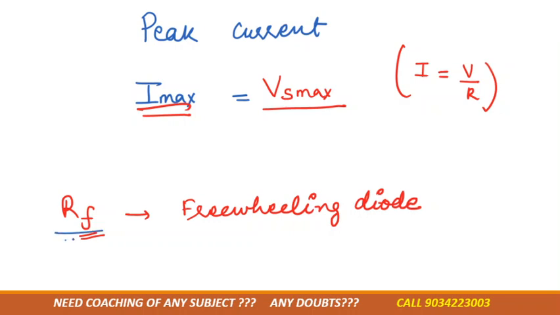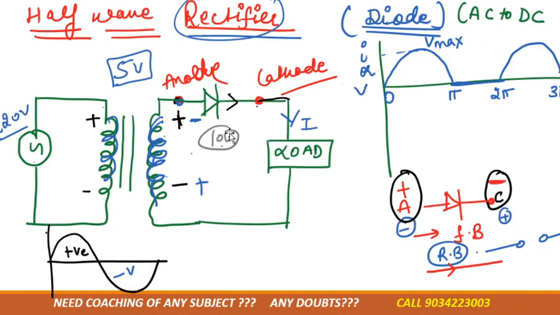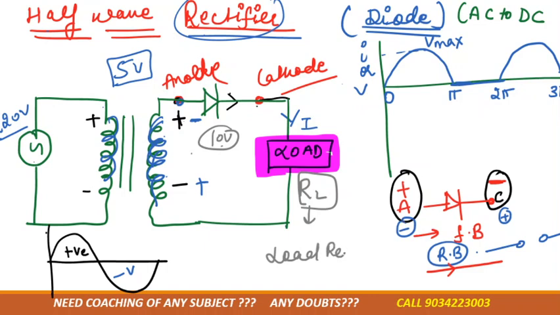So one resistance is the diode resistance and another resistance is present in the load. So how many resistances are there? Two. One resistance which is present in the load is denoted by RL. Remember RL that we studied in electrical, that is the load resistance. And one resistance is present in the diode.